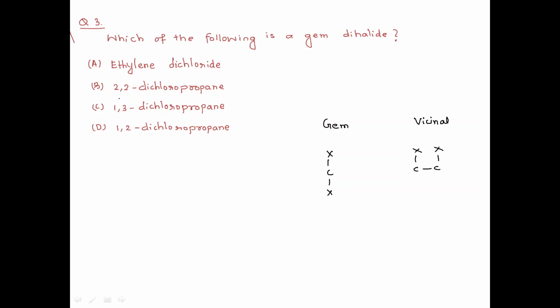Okay, so as you know, ethylene dichloride means, now if I draw, it's not essential to draw all the structures, but for you I will draw them. Just a second.